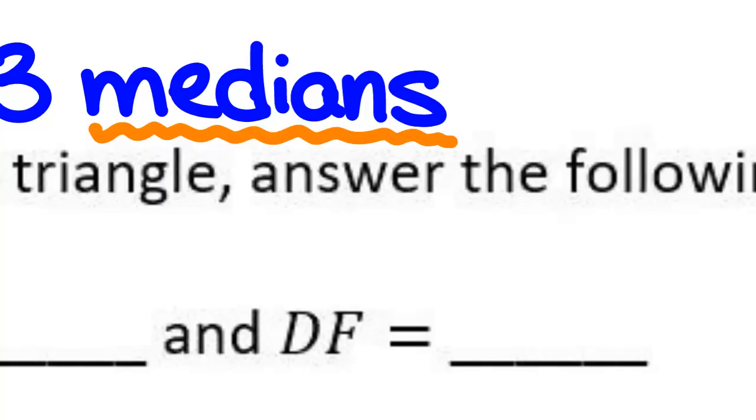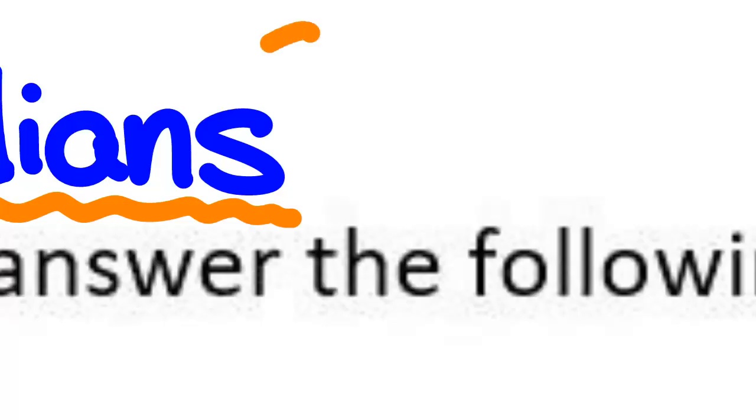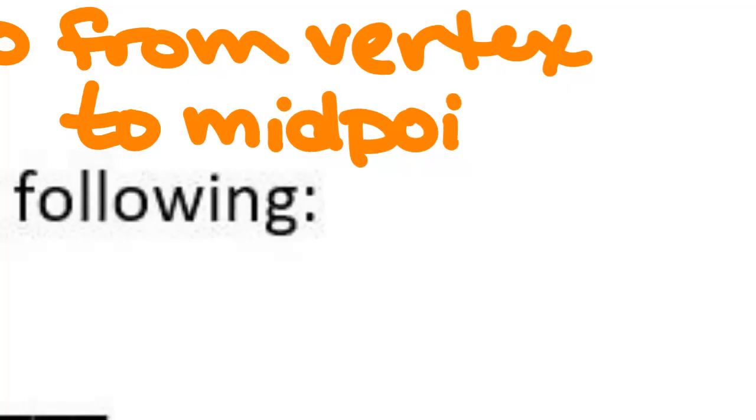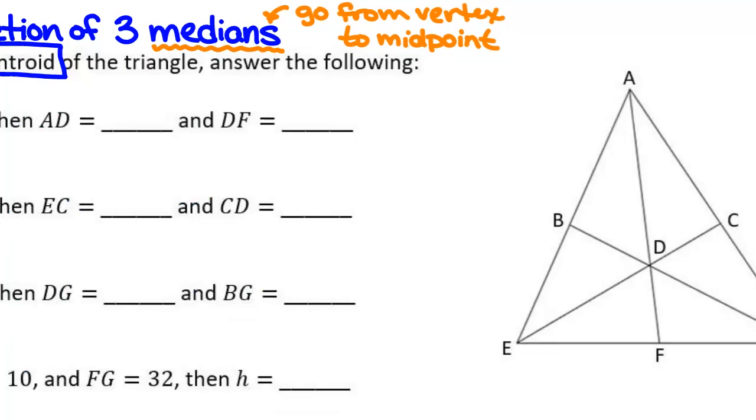Yes. A segment that goes from a vertex to the opposite side. What special point on the opposite side does it hit? The midpoint. Medians go from the vertex to a midpoint on the opposite side.